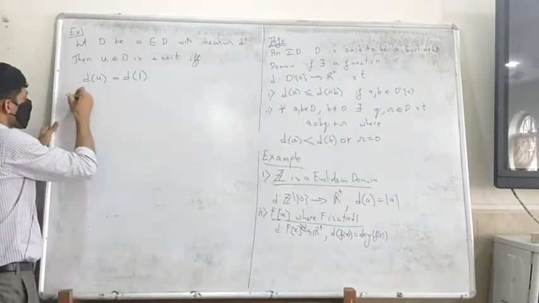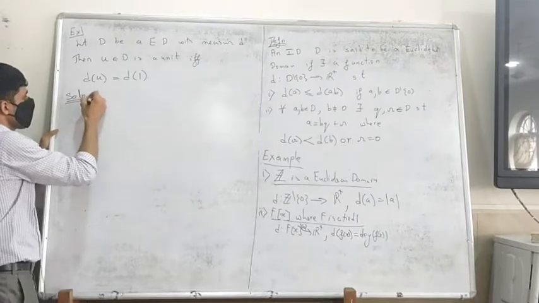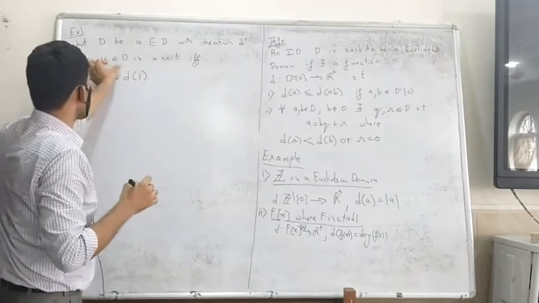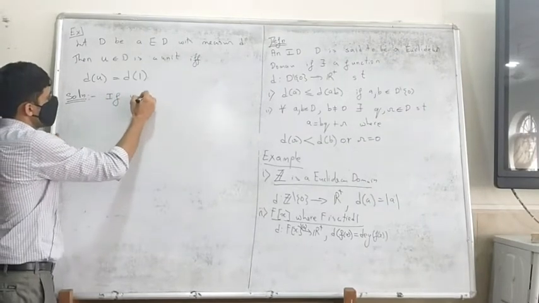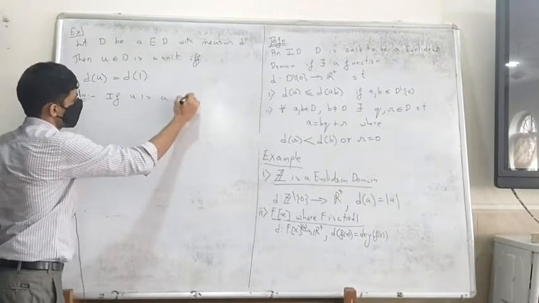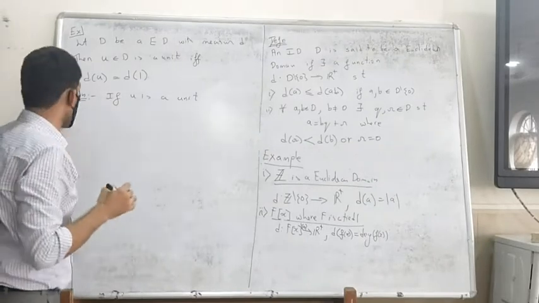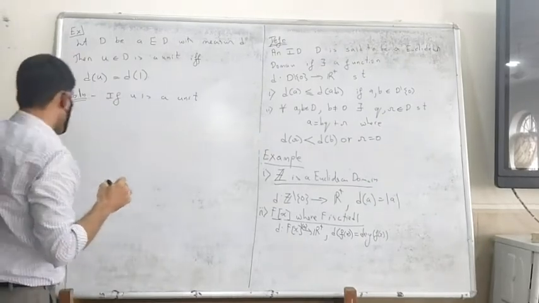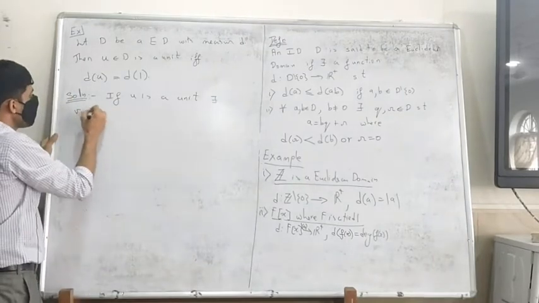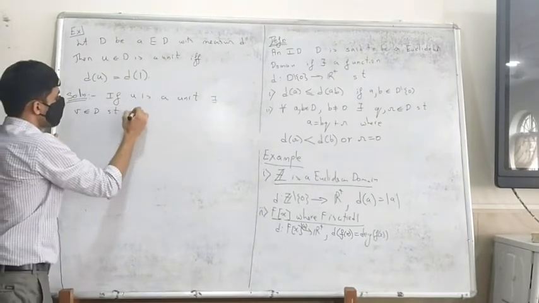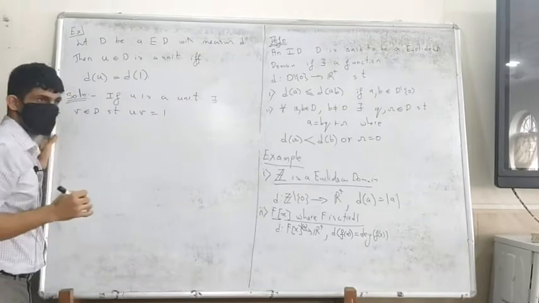So how do we prove this? Assume that u is a unit. What happens? There exists some v in D such that u times v is 1.